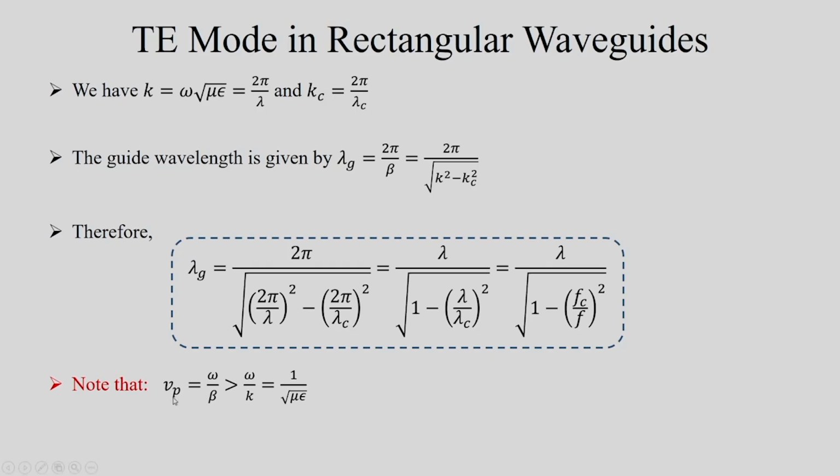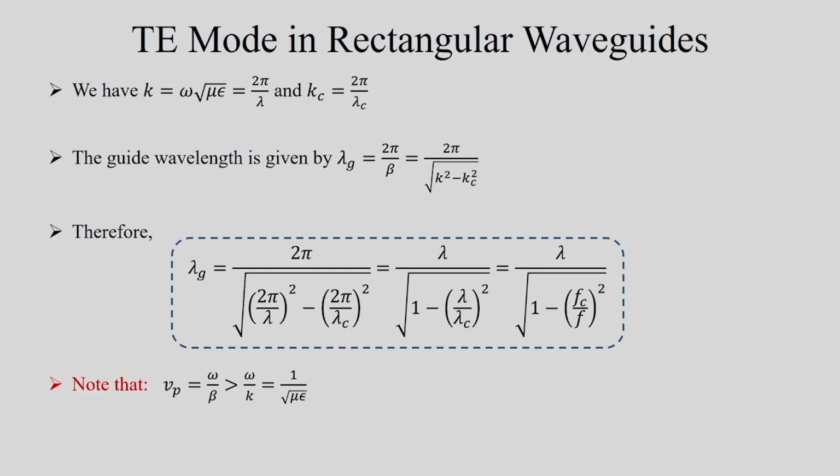Further, Vp, the phase velocity, is given by omega by beta, and this is greater than omega by k. Omega by k is the velocity in the dielectric media, which is given by 1 by root mu epsilon.